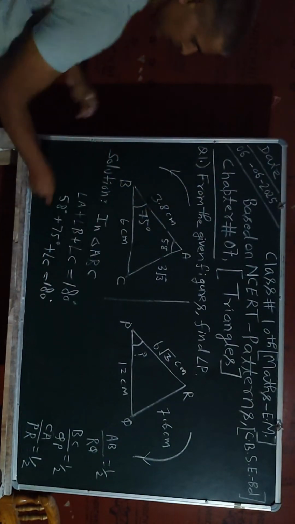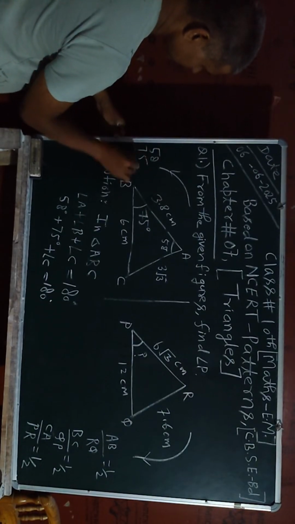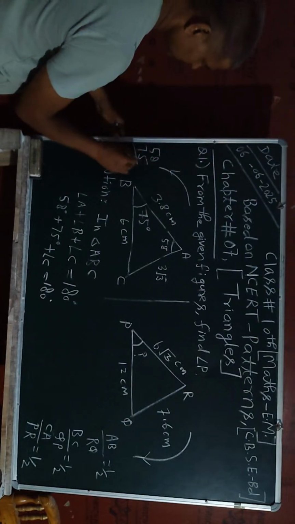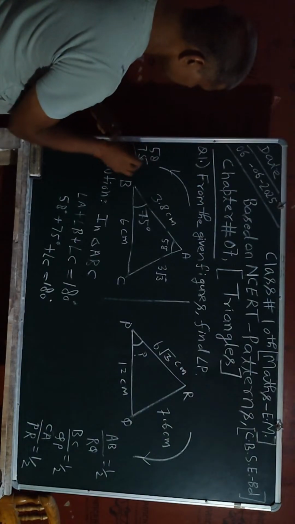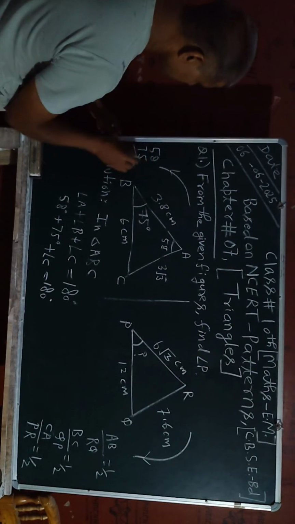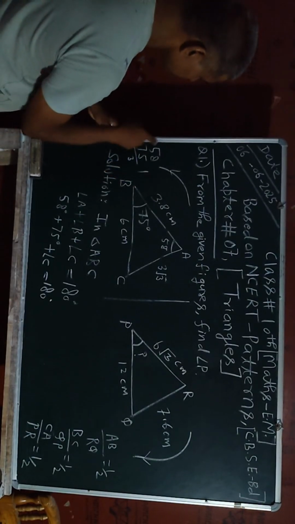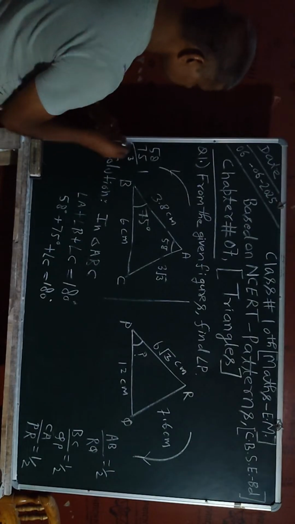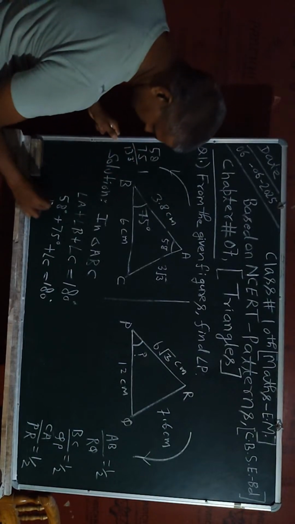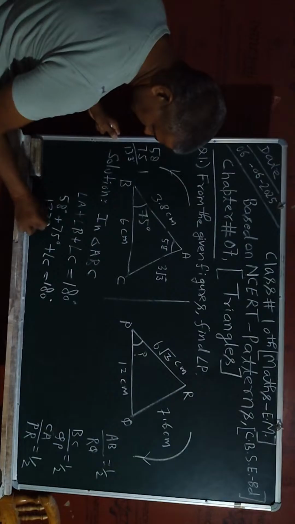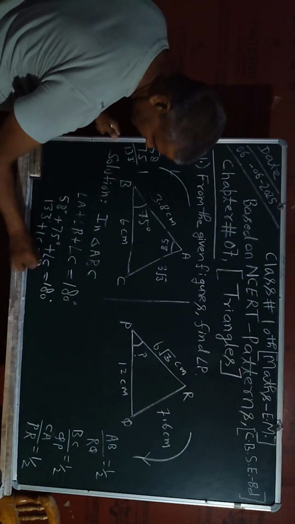Okay, now here I will add 58 plus 75. 8 plus 5 is 13, write 3 and carry 1. 5 plus 7 is 12, plus 1 is 13. So 133 degrees, plus angle C, which is equal to 180 degrees.